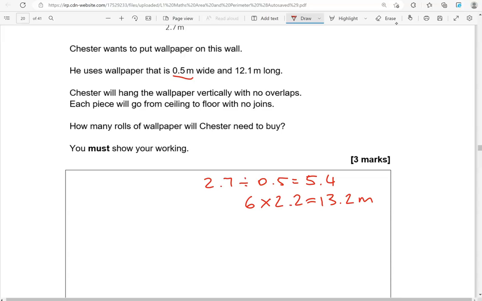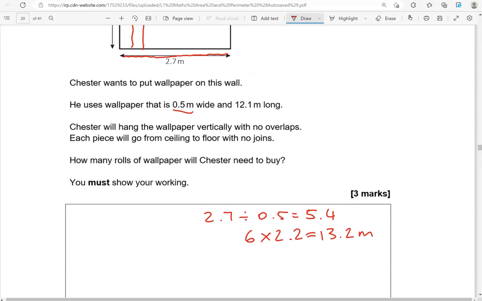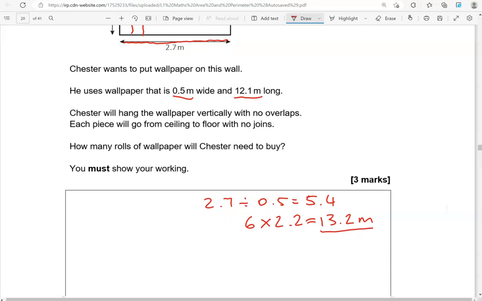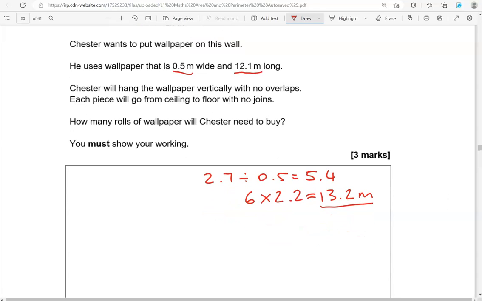So that's the length of all these strips put next to each other without any overlaps. Now we're given that the wallpaper is 0.5 meters wide and 12.1 meters long. So 1 roll will not be enough. That's why he's going to need 2 rolls.